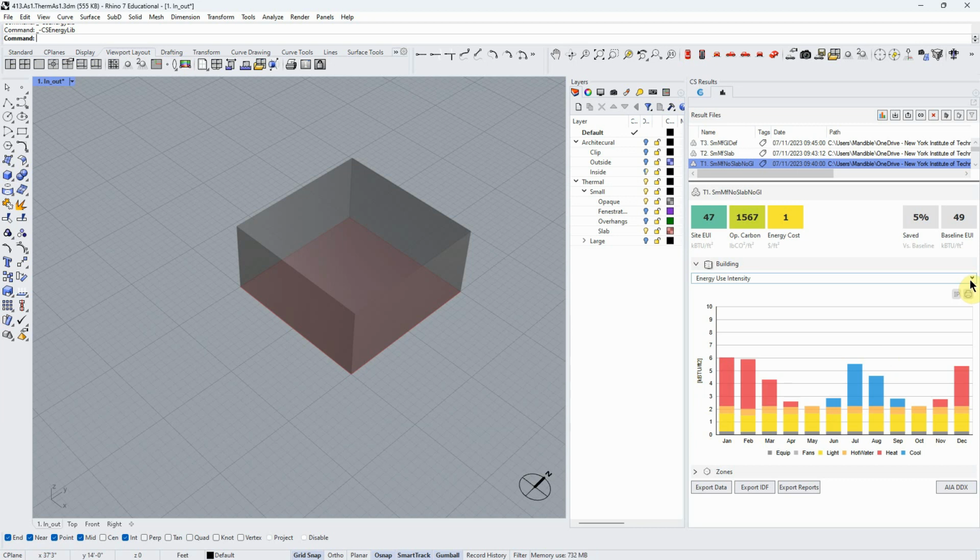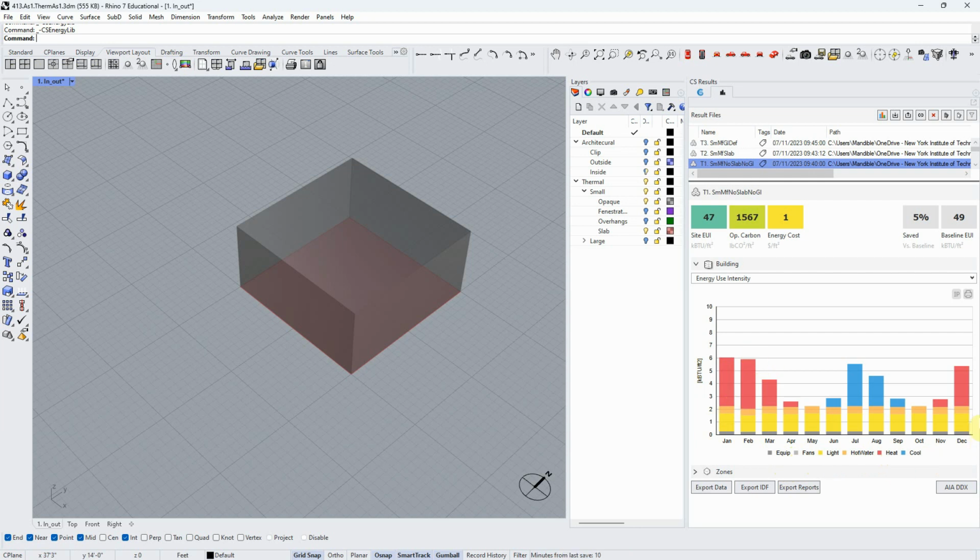Okay, so we have our energy use intensity per square foot in graph form, separated by month, and it's broken up into the percentages of different building components: equipment, fans, which is going to be ventilation, lights, hot water, heat, and cool.